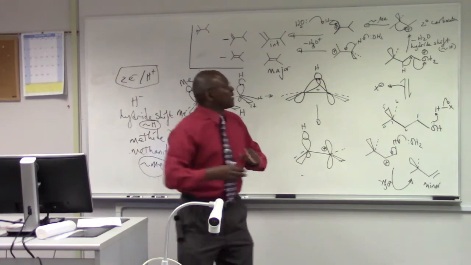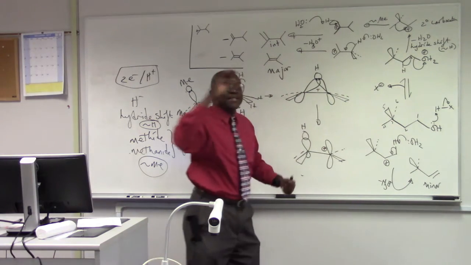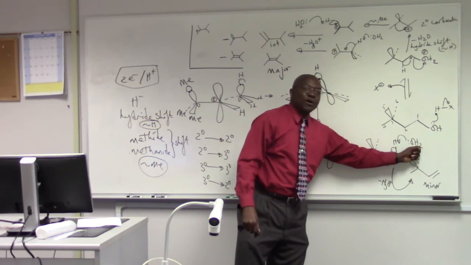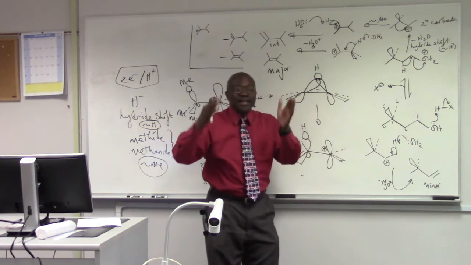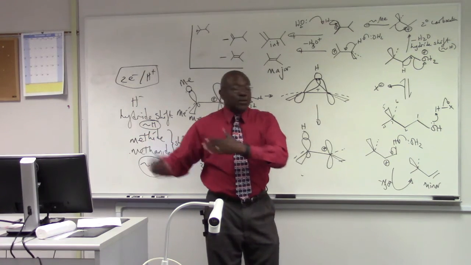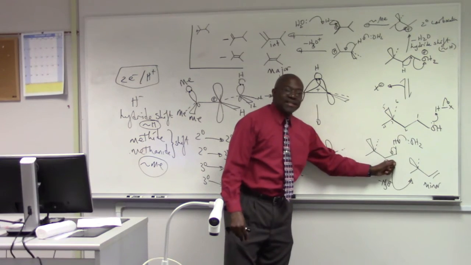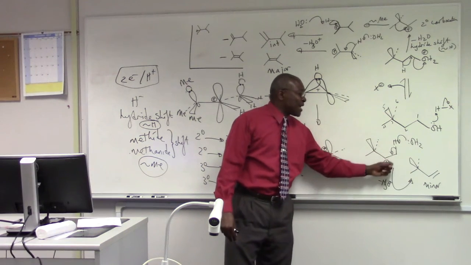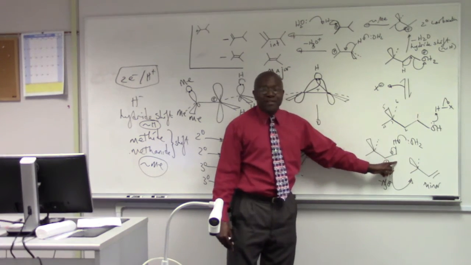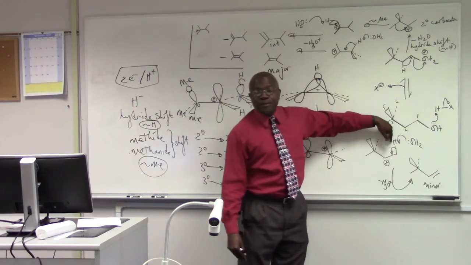The time scale for a methyl or hydride shift is femtoseconds. The time scale for a water molecule to find a carbocation is literally thousands or tens of thousands of times longer. So long before a water molecule finds this, I would hazard, if you had 1,000 of these, 950 of them would rearrange before a water molecule found them.